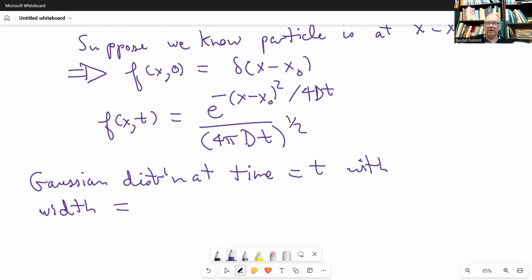This is a Gaussian e to the minus sort of a delta x squared divided by sigma squared, or sometimes 2 sigma squared, depending on how you find it. But we're going to be loose with the width. We're just going to use the square root of 4 dt, which equals 2 times the root of dt. So the width is increasing like the square root of time. Or alternatively, you can see the variance of the Gaussian, which is like the width squared, goes linearly with time.